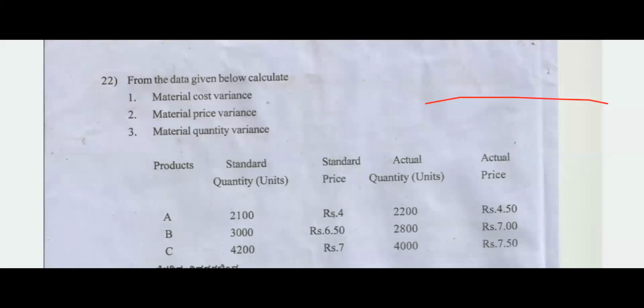The problem given to you is asking us to calculate material cost variance, price variance, and quantity, or you can say usage variance. First we need to understand the problem. What is given to us is the quantity and the price. In the last problem, the total amount was also given, but in this problem, it is not there. So we need to ascertain that. Let's start without delay so that we finish it in 40 minutes.